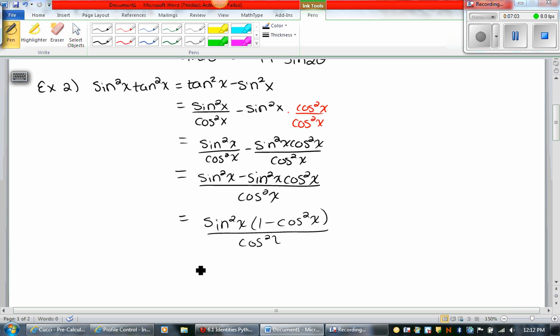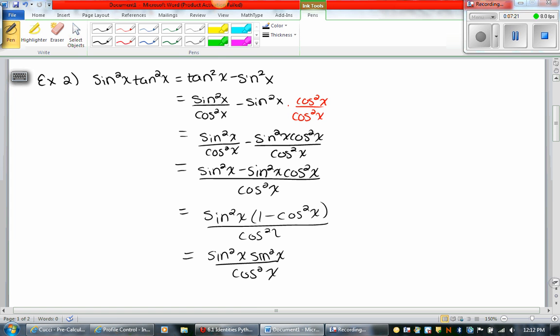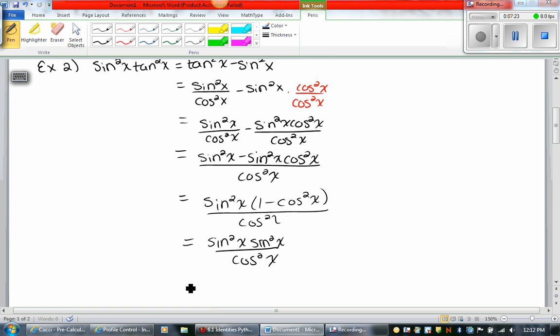And from the Pythagorean identity, I know that 1 minus cosine squared x is sine squared x. So we get sine squared x times sine squared x over cosine squared x, or sine to the 4th x over cosine squared x.